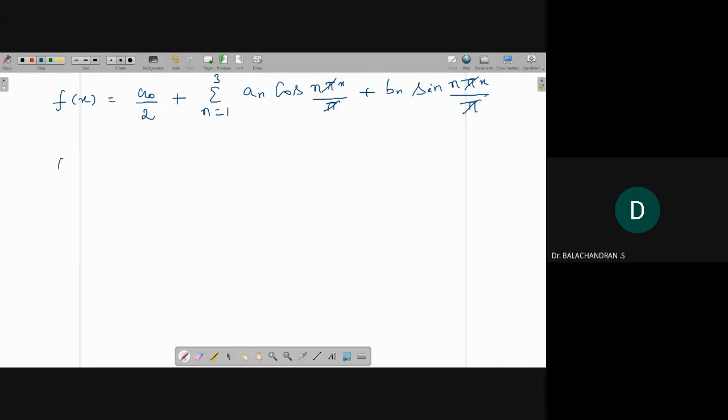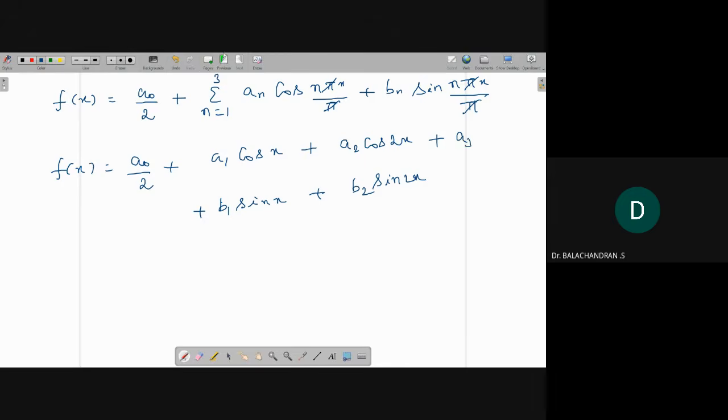So f of x is equal to a naught by 2 plus, when n equal to 1, we have a1 into cos x plus b1 into sin x, plus next n equal to 2, a2 into cos 2x and then b2 into sin 2x, plus then n equal to 3, a3 into cos 3x plus b3 into sin 3x.